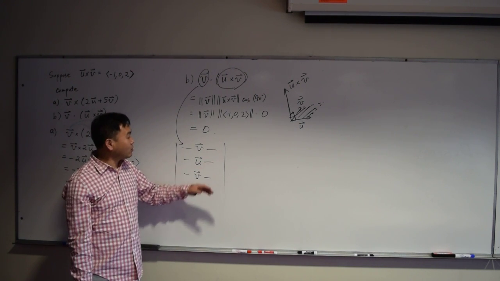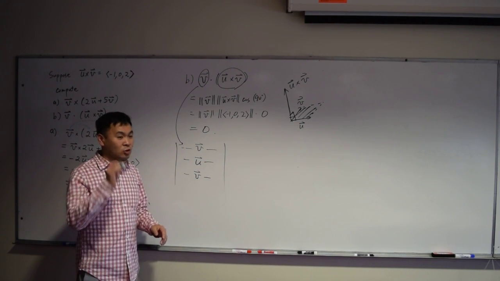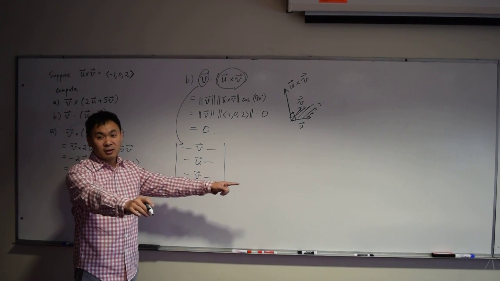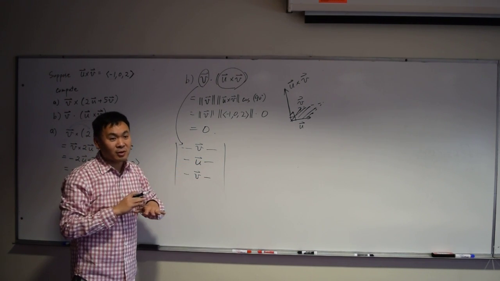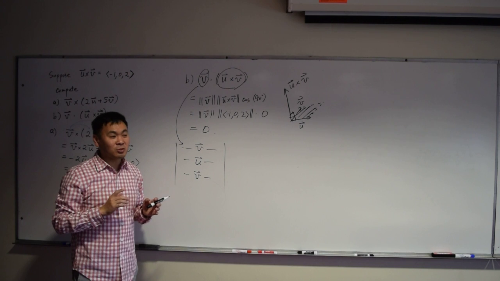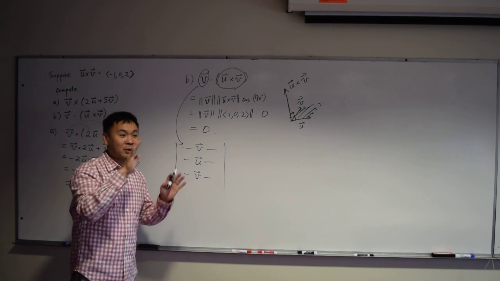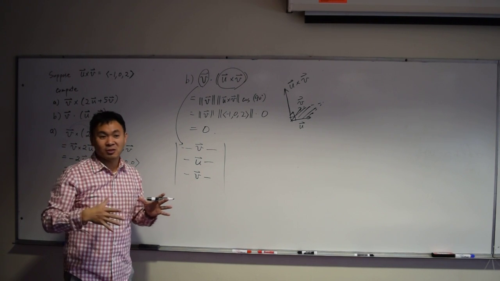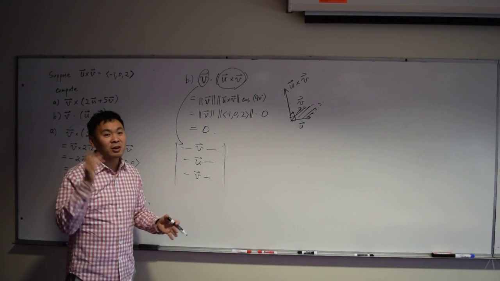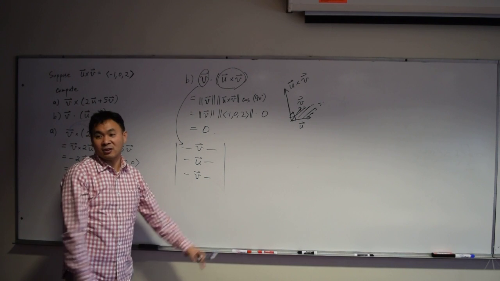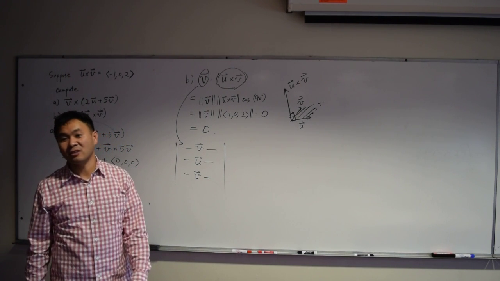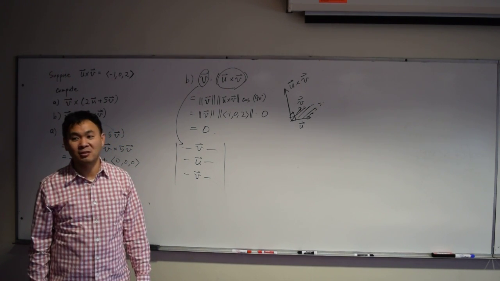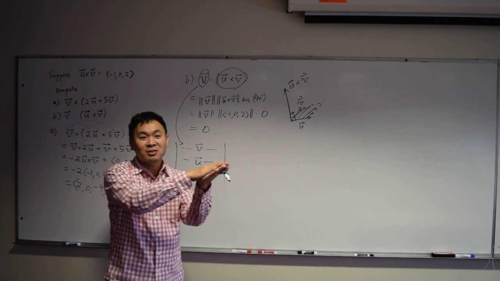And then think about the following. If you have u and v, you make a parallelogram, and then you're supposed to have a third vector to make this skewed box, right? But the third vector given is, again, v. What kind of box do you get? A flat one. It doesn't have any height.